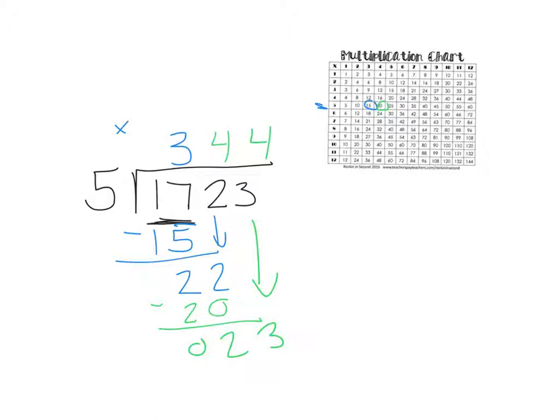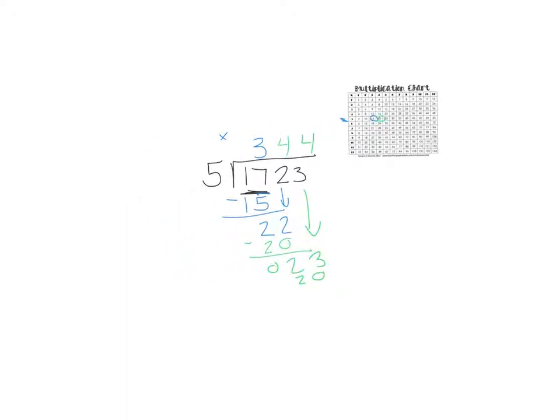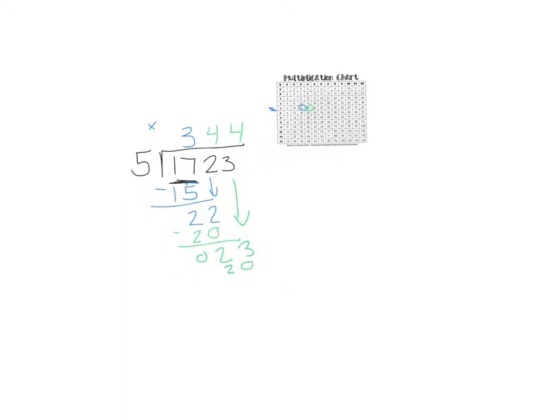4 times 5 is 20. And we can subtract, oops. And 23 minus 20 is 3.